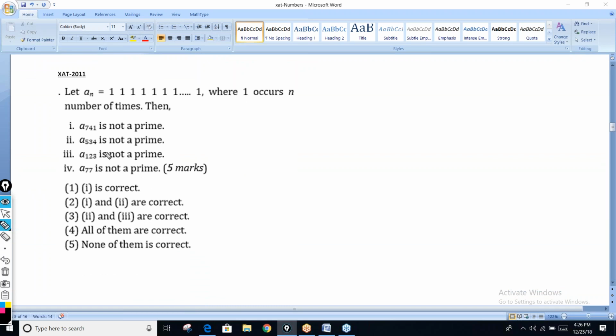From the next one. An is 1111 written n number of times. We need to find whether A741 means 1 written 741 times is prime or not. First you should know a rule: any number written a composite number of times cannot be prime.